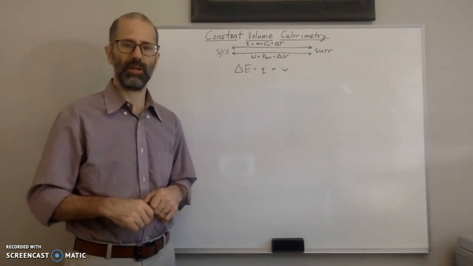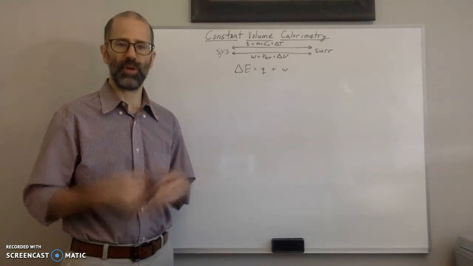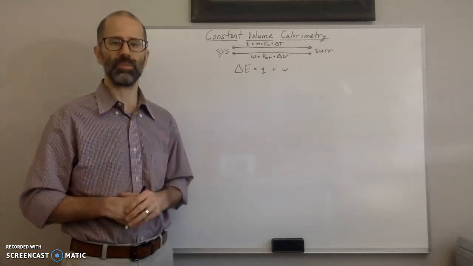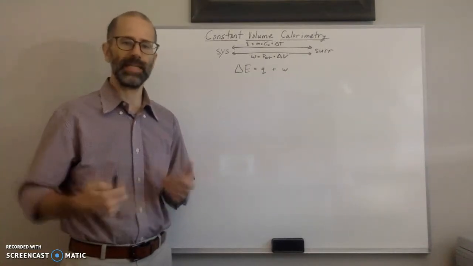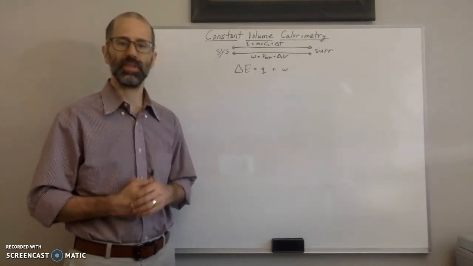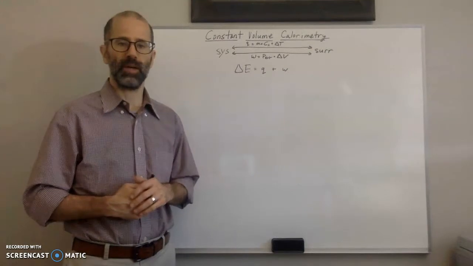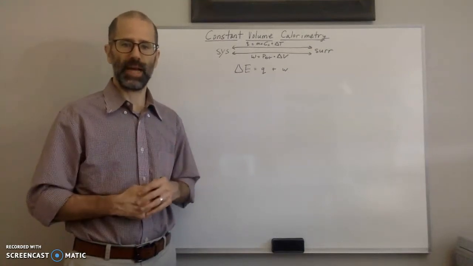So you can pretty much limit the surroundings to the calorimeter. So any heat that's absorbed is only going to be absorbed by the calorimeter. In this case, they're going to give you the specific heat of the calorimeter itself, as well. Okay, so that's a little bit about calorimetry.